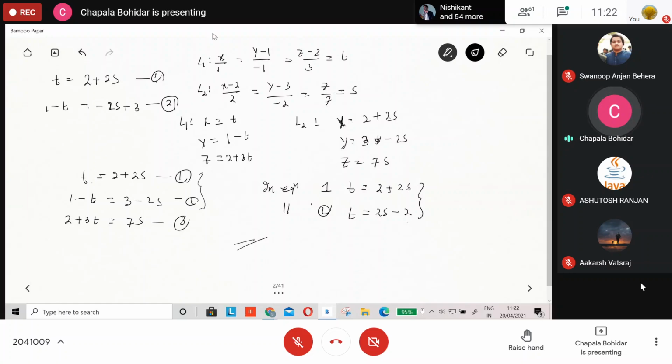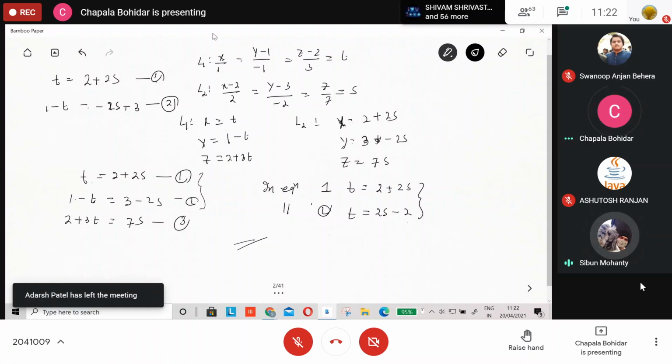Now the next one is question number 54. Determine whether the lines are parallel, skew or intersecting. Is it a skew line or not? Are they parallel? No, ma'am, not parallel. What does the definition say? If they are not parallel and not intersecting, then it is a skew line.